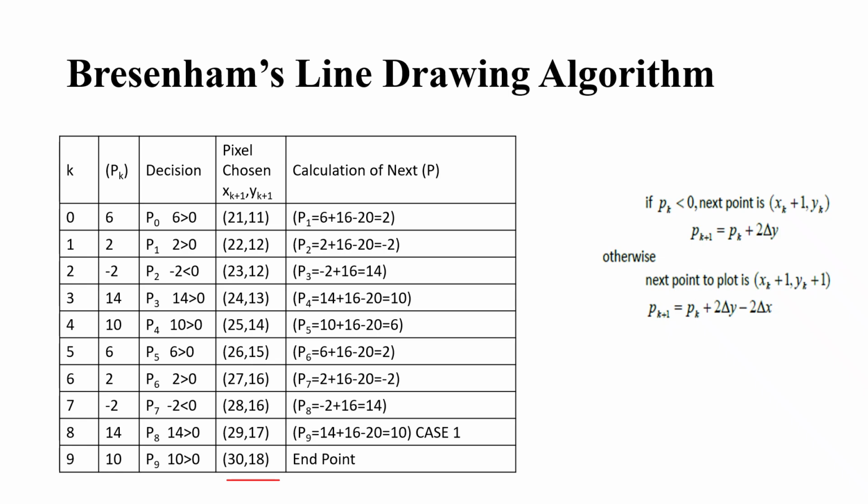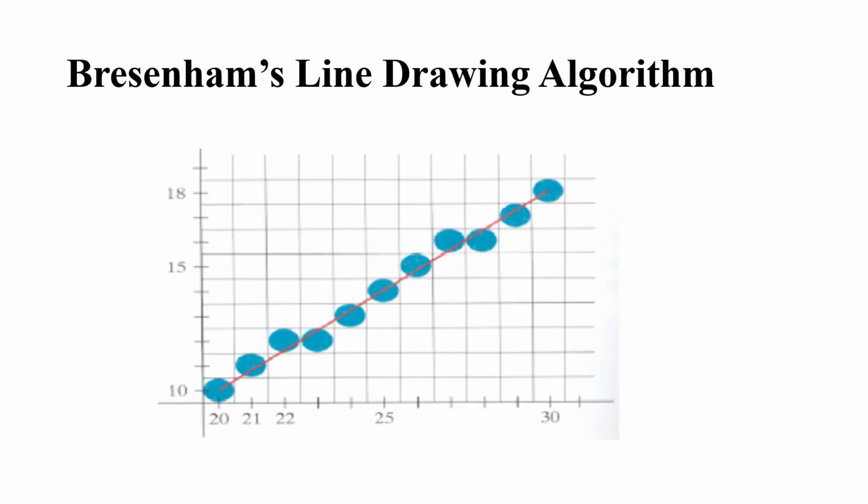So this is how we will calculate the intermediate points every time. The obtained points are plotted to form a line.